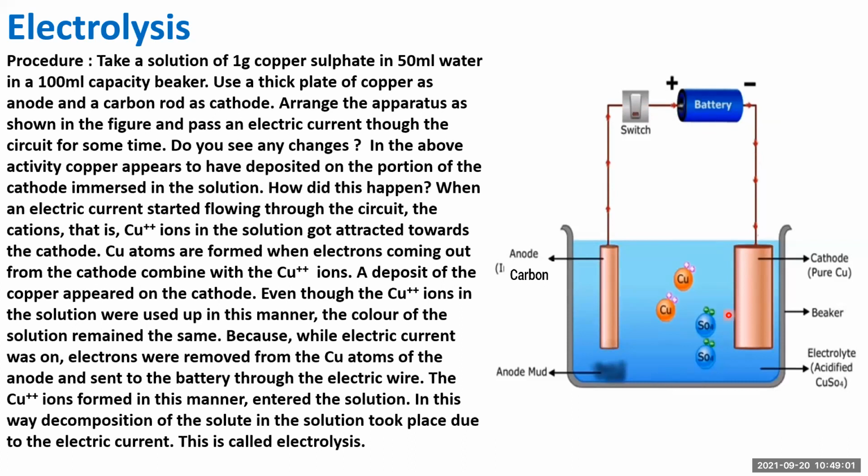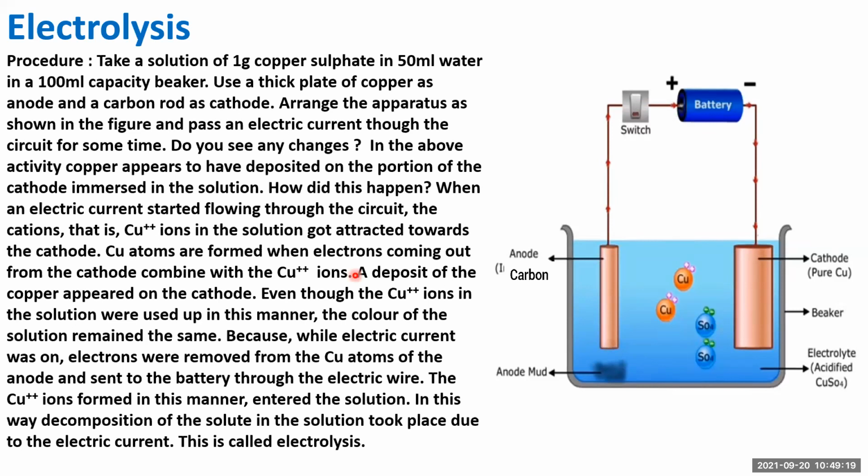Hence, the CuSO4 compound dissociates into Cu2+ and SO4 2- ions. So these ions actually carry the current. A deposit of copper appeared on the cathode.